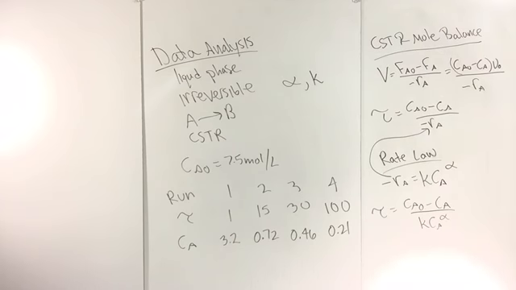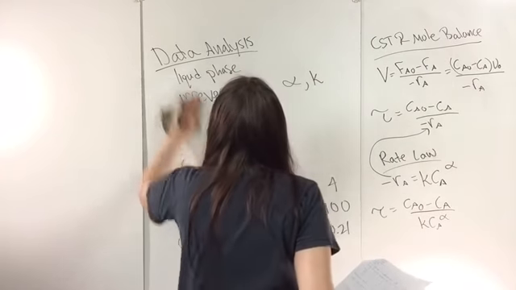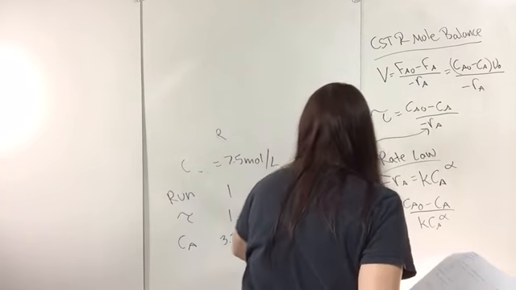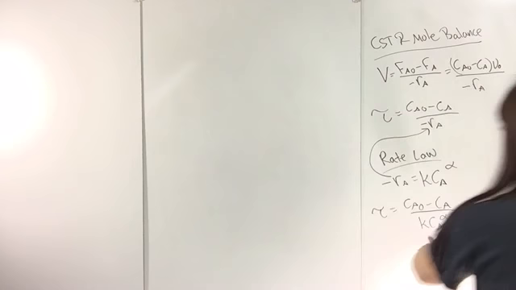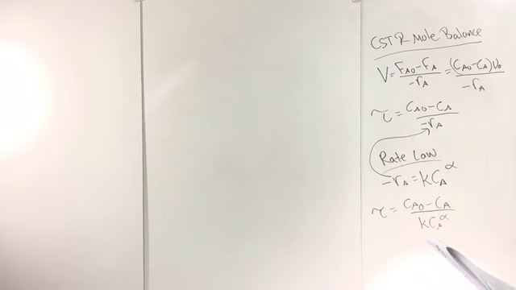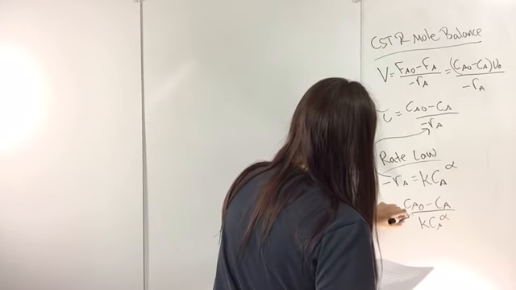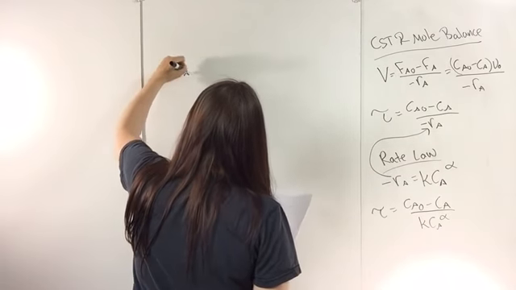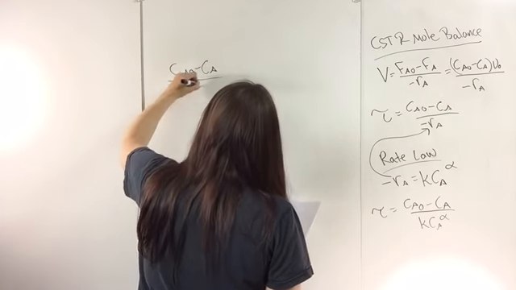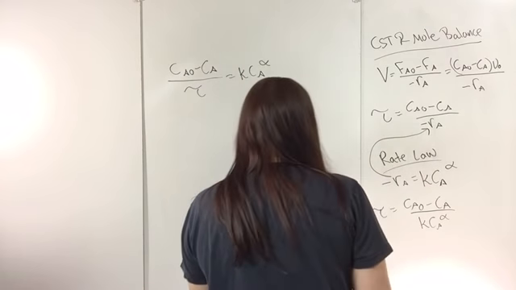And then we want to rearrange this so that we have the K Ca to the alpha on one side. So I'm going to erase some stuff real quick. Basically we want to take the natural log of this and have some form of the equation that will give a straight line. So we can just multiply that over and divide the tau over. So then we have Ca naught minus Ca over tau is equal to K Ca to the alpha.